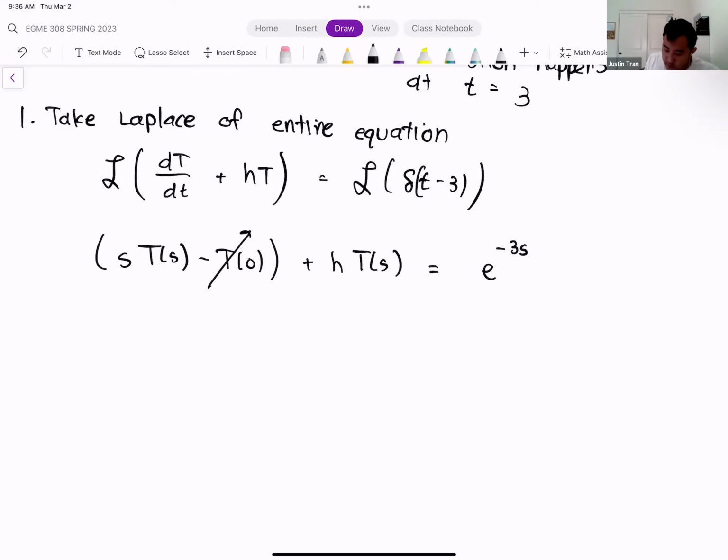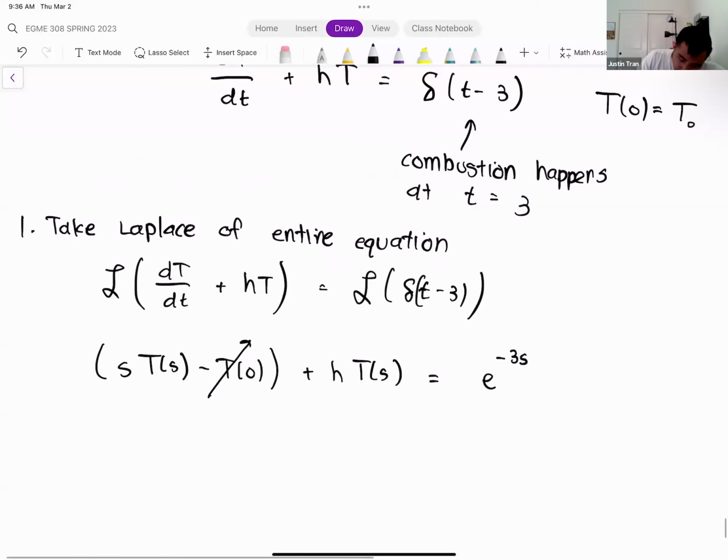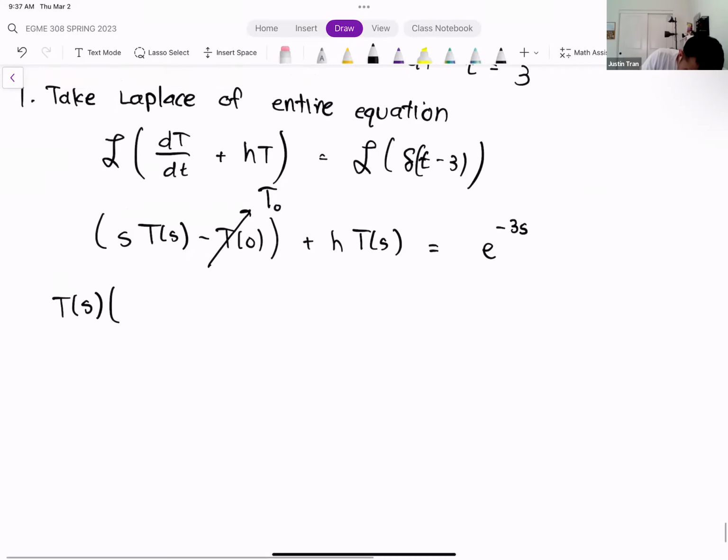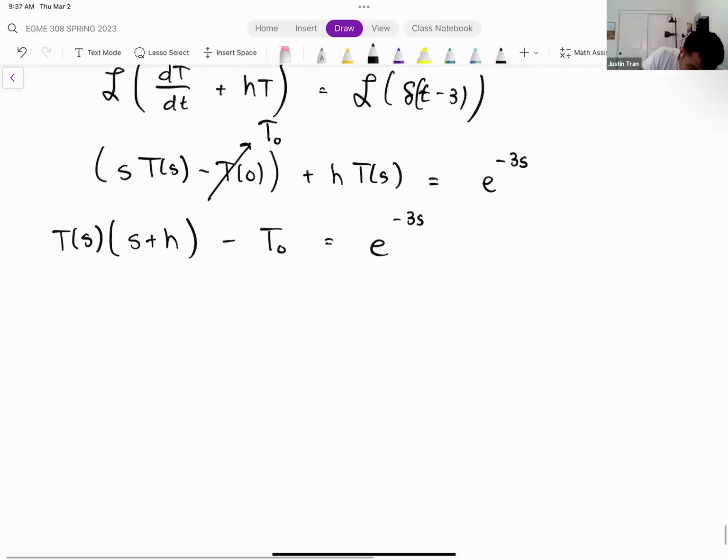All right, so we have this T of 0 here. Let's plug in our initial condition, which is T naught. Let's group the values of T of s on the left-hand side. So we have T of s multiplied by s plus h, minus T naught, is equal to e to the minus 3s. Now let's solve this equation for T of s.